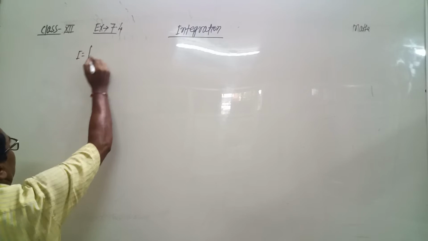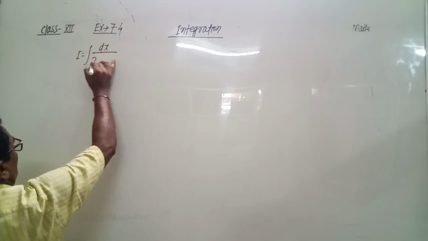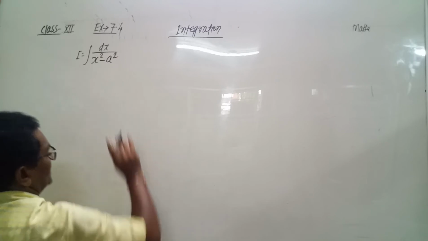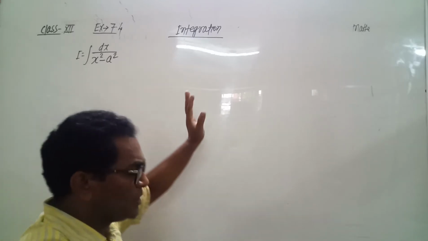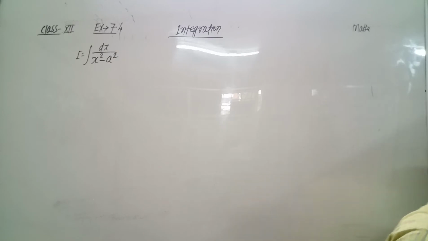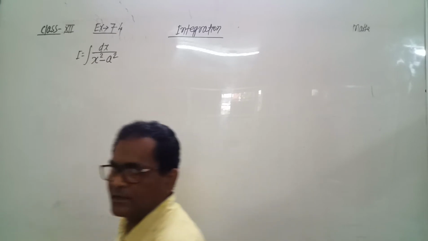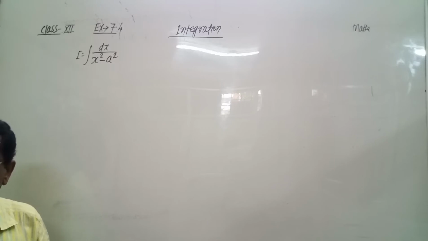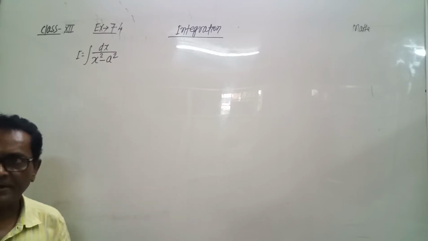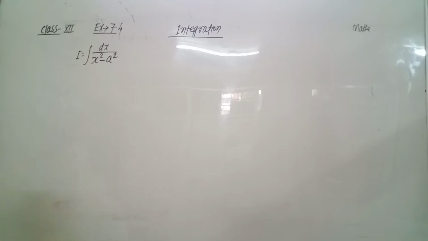I equals integration of dx upon x square minus a square. We will solve this integration by the substitution method. Directly you have to learn the formula of this integral, but you should also know how to find the integration of dx upon x square minus a square, because many times this question is asked directly in the examination. So you can't write the result directly. You will have to derive it, you will have to integrate.